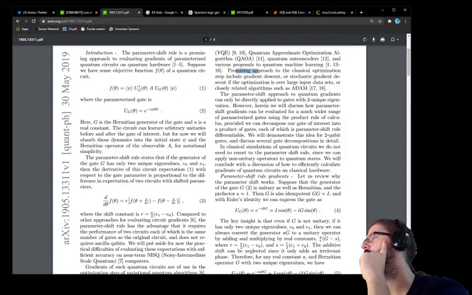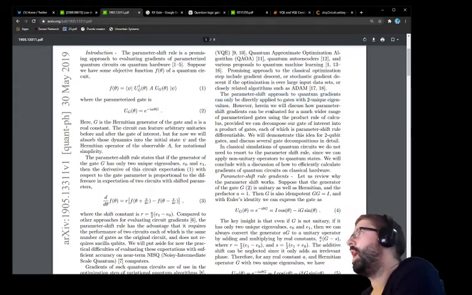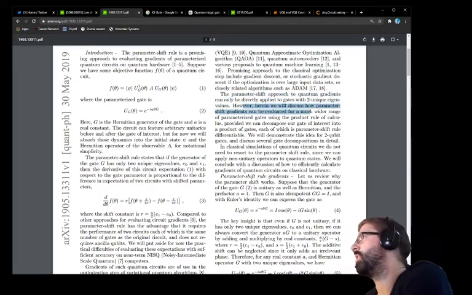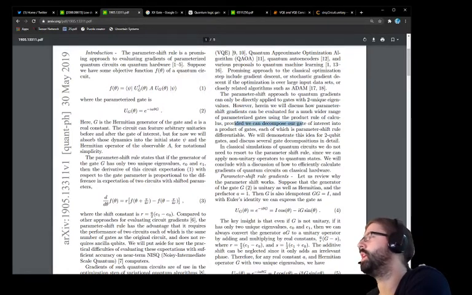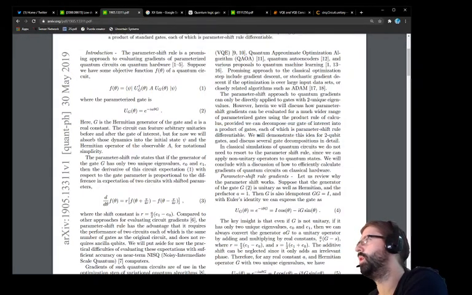Promising approach to the classical optimization step include gradient descent. The parameter shift rule approach to quantum gradients can only be directly applied to gates with two unique eigenvalues. However, herein we will discuss how parameter shift gradients can be evaluated for a much wider range of parameterized gates using the product rule of calculus, provided we can decompose our gate of interest into a product of gates, each of which is parameter shift rule differentiable.